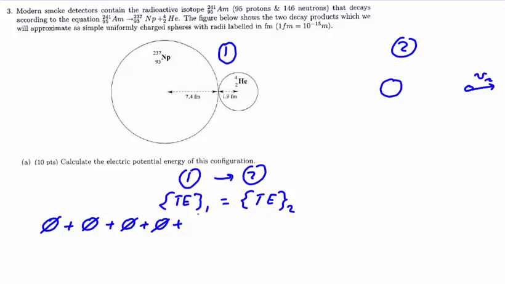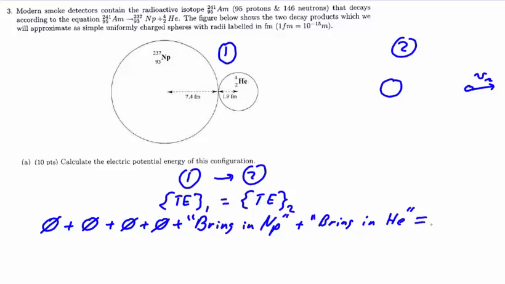For this reason, we can imagine a two-step process. Let's imagine that we first bring in the neptunium, and then we follow this with bringing in the helium. If we have brought in both of these two charges, we have completed the charge configuration and will get the correct value for the total potential energy of configuration at moment 1.